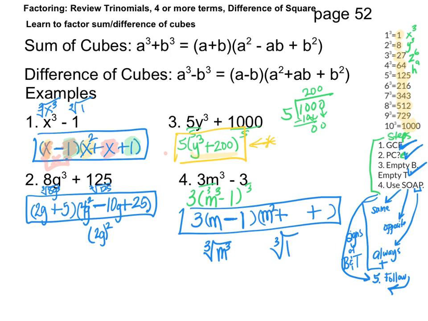This term is the square of this one. 1 squared is 1. So that's what I'm going to put on the end. And in the middle, this term is these two terms multiplied, ignoring this sign. M times 1 is m. So that's what I'm going to put over here. M. And that finishes number 4.